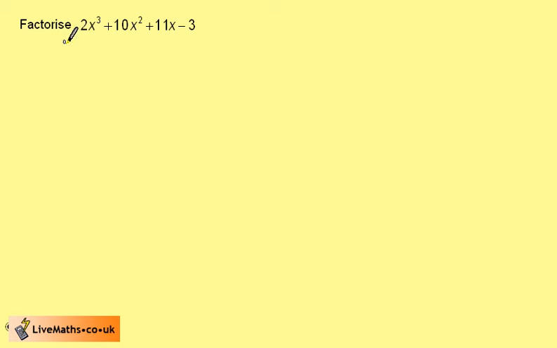We want to factorise 2x cubed plus 10x squared plus 11x minus 3. And the first step in doing this has to be to find a factor.